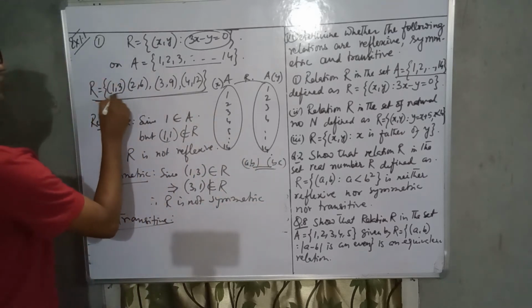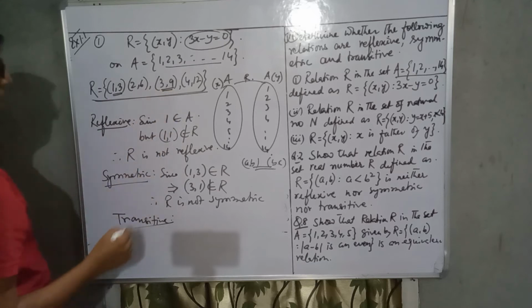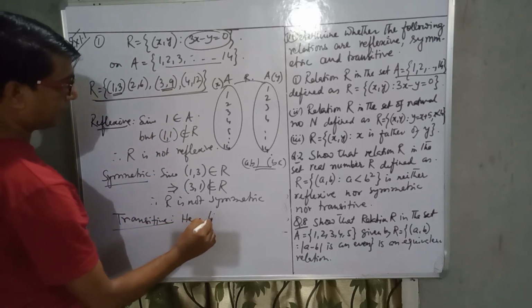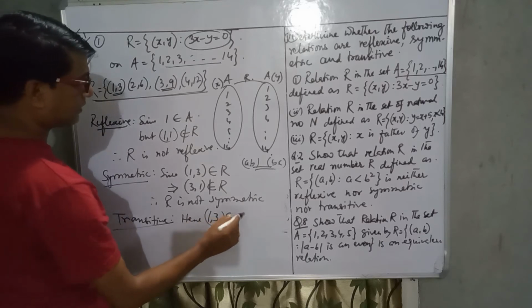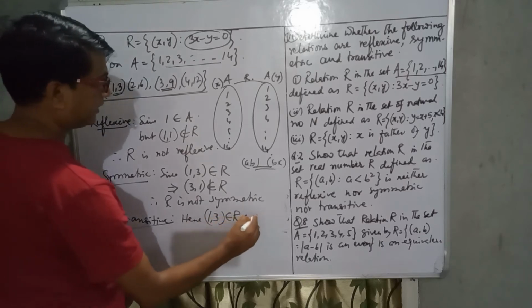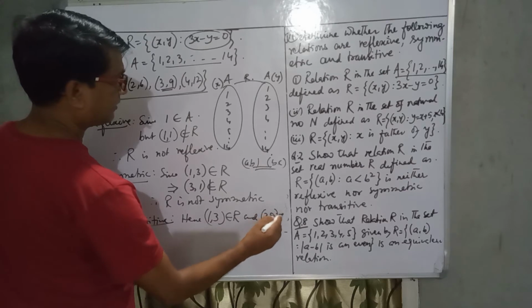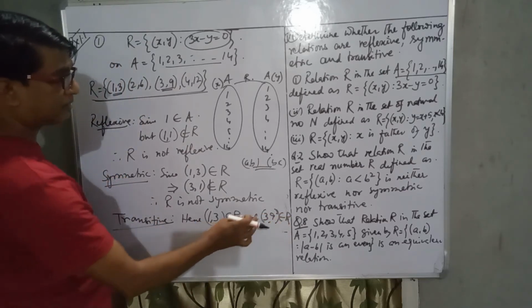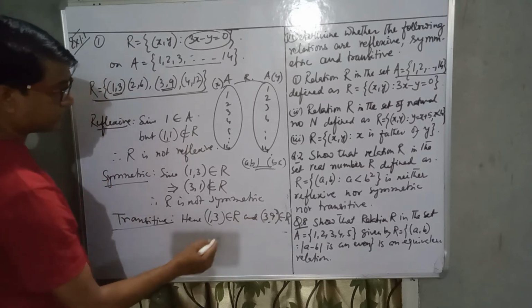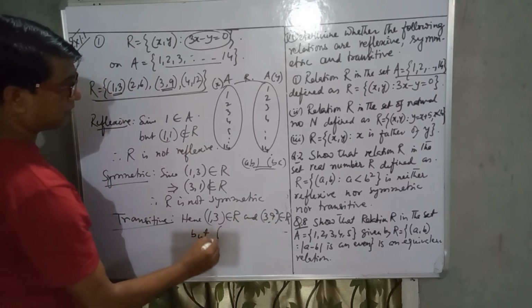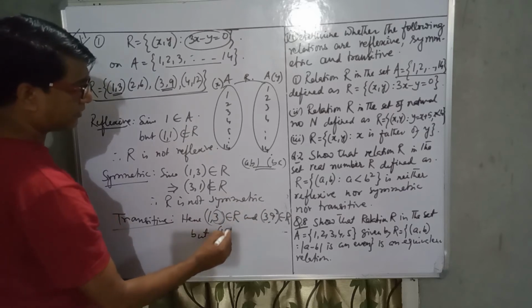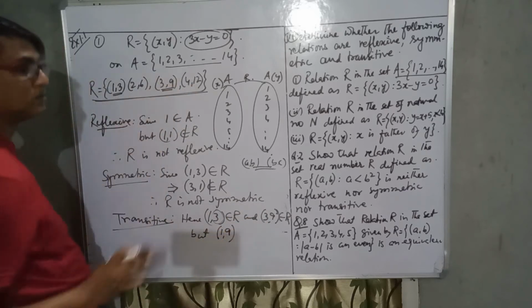So you can take (1, 3) and (3, 9), these two elements. (1, 3) belongs to R and (3, 9) belongs to R. Omitting the 3, we get (1, 9). Does it belong to R?